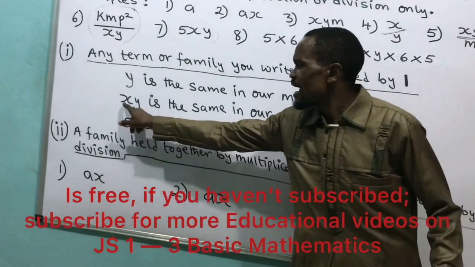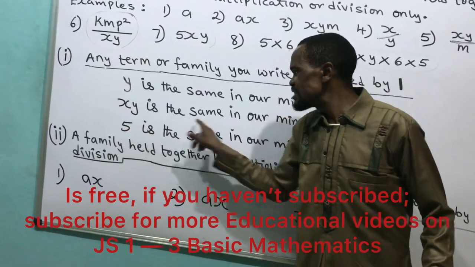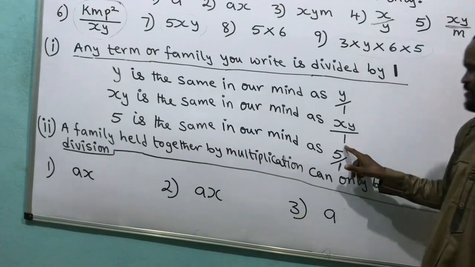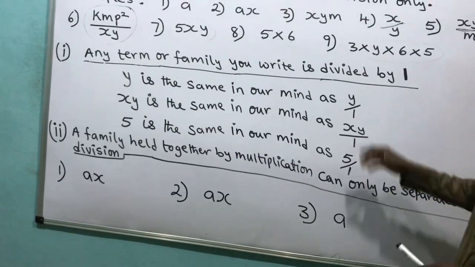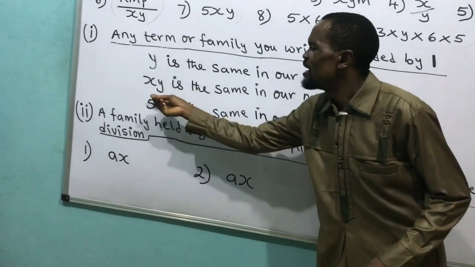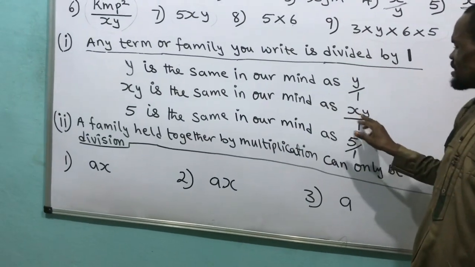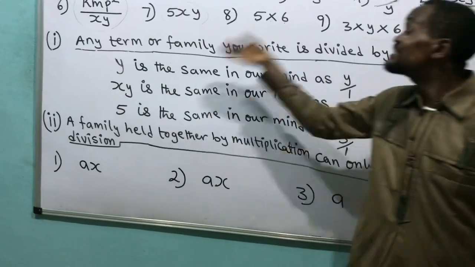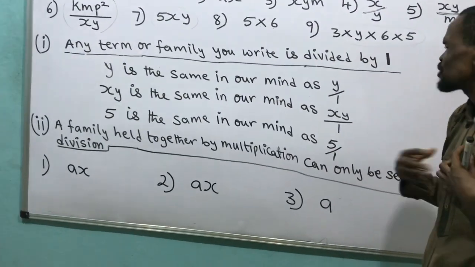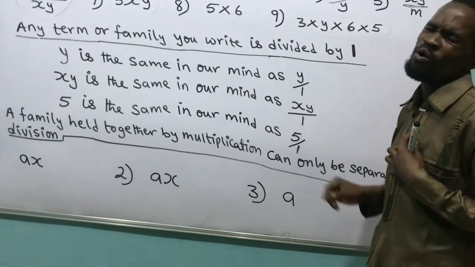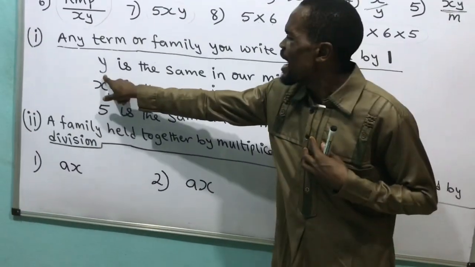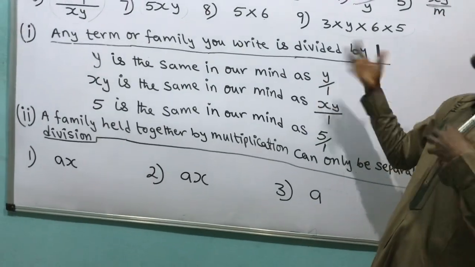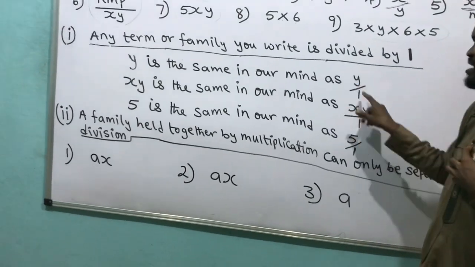This term I write now, xy is a term, is the same in our mind as xy divided by 1. And this y I write here is the same in our mind as y divided by 1.